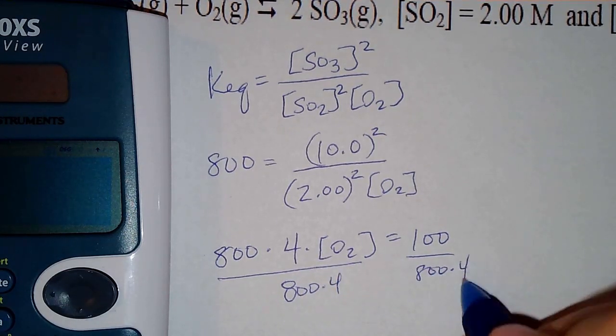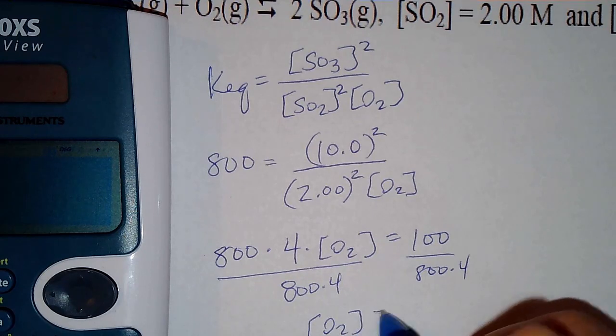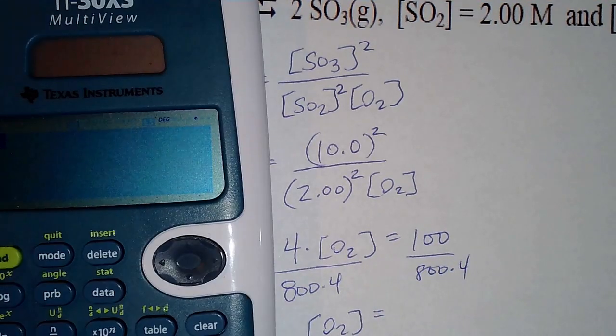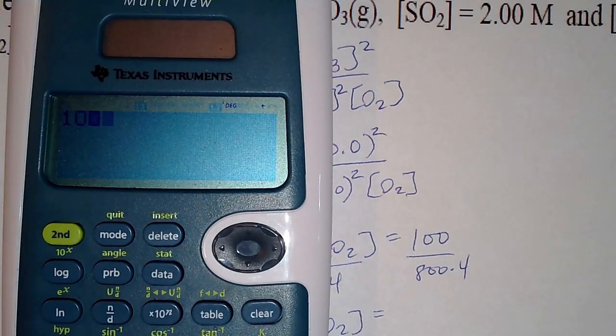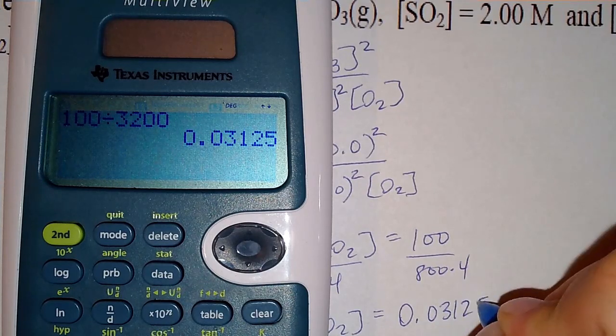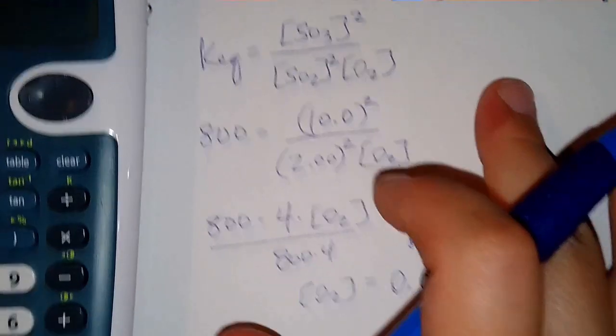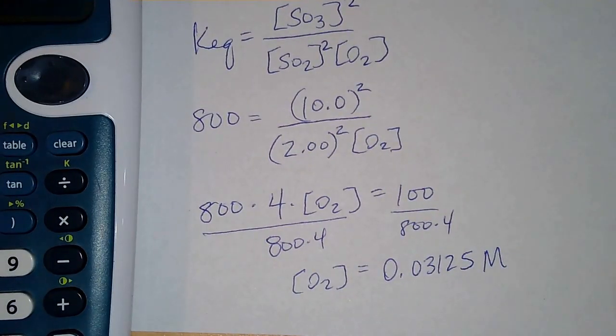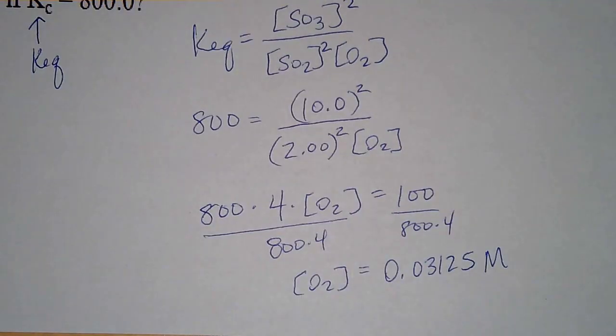So O2 is going to be 100 divided by 3200, 0.03125 molar. So we can find our concentration for a missing variable.